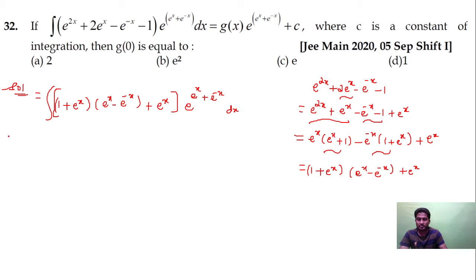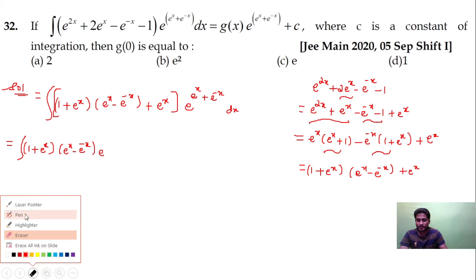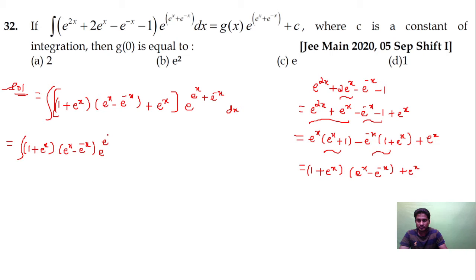Now let us multiply this. This becomes 1 plus e power x, and then e power x minus e power minus x and then e power x, this is e to the power of e power x plus e to the power of minus x and then dx. Now if I multiply this again, this is equal to e power x plus e power minus x and then dx.